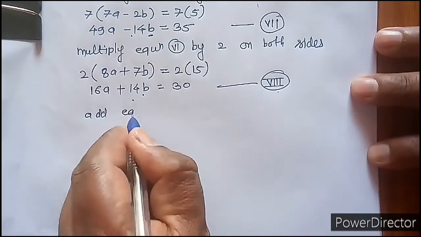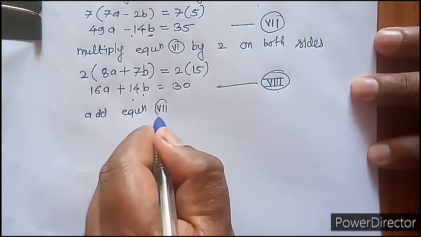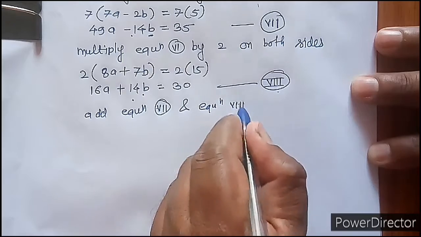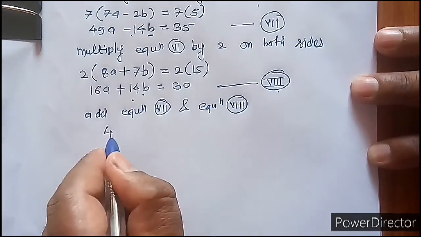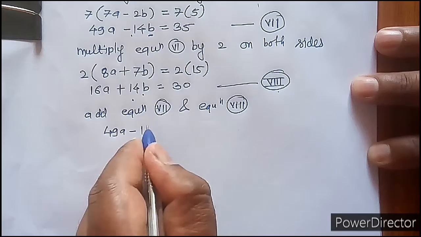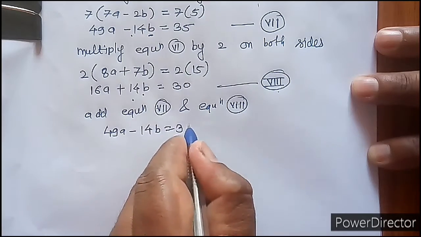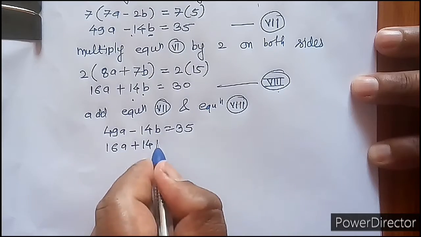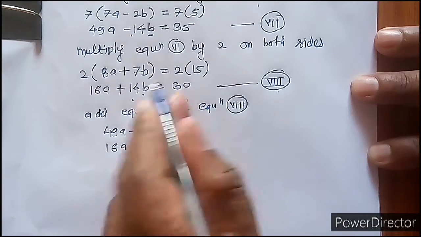Add equation 7 and equation 8. What we get is 49 of a minus 14 of b equals 35, and here 16 of a plus 14 of b equals 30.